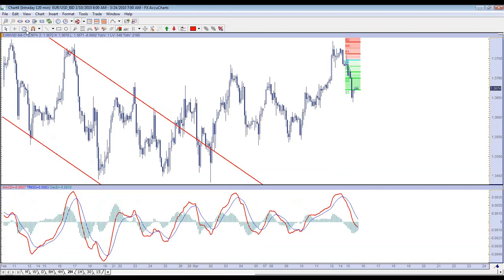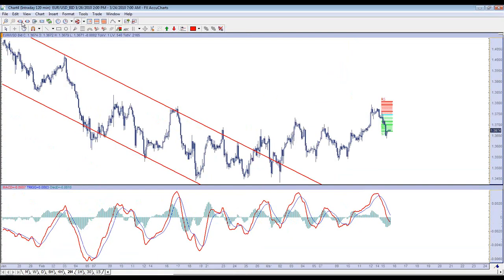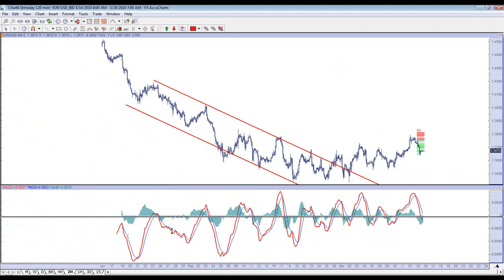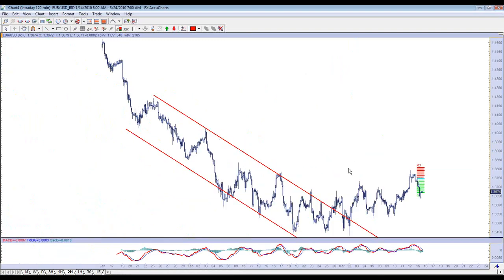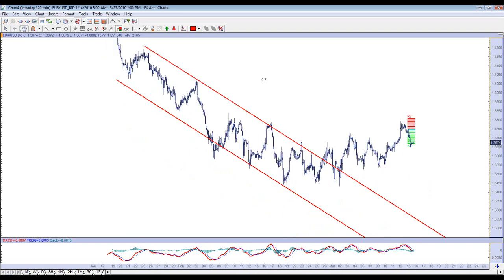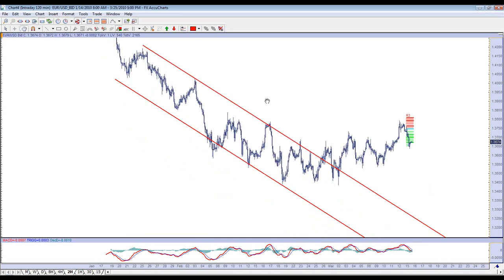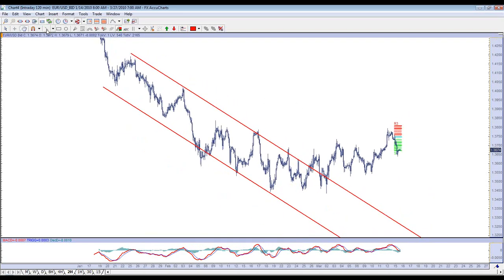Let me zoom out. Okay, I want to make sure you guys can see everything. Now the price moves up, it breaks the trend line.